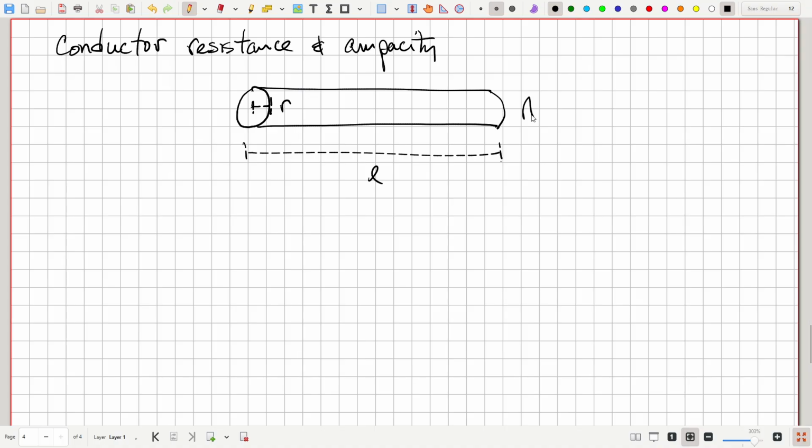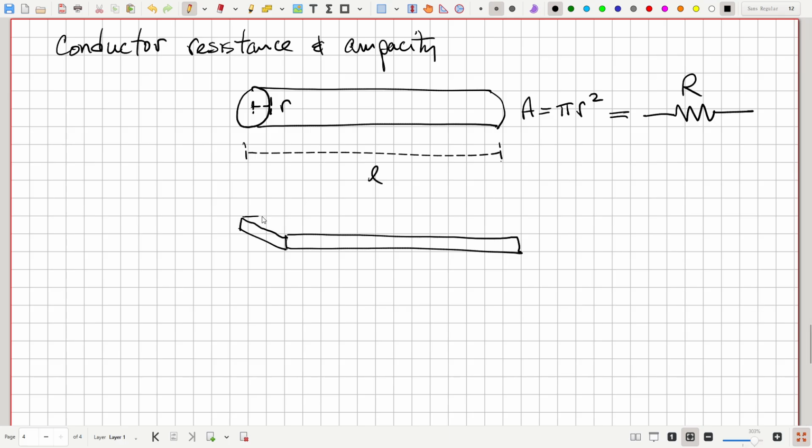So it has a cross-sectional area of pi r squared. And this is going to look like a resistor. So that's one way we can make a wire. That's very common, like in circuits and in household wiring. But in circuit boards, so-called PCBs or printed circuit boards, the most common type of wiring is this rectangular shape.